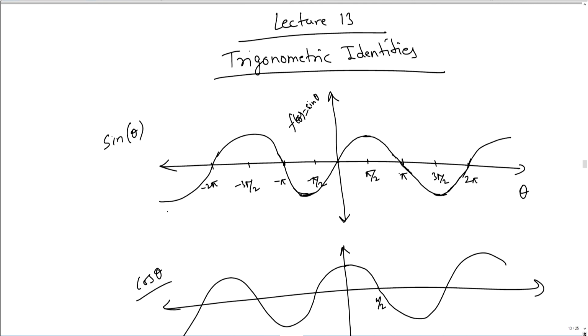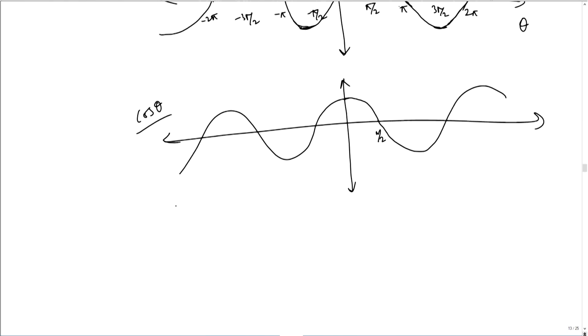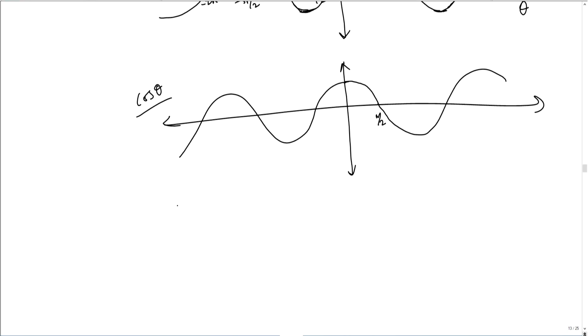Okay. Now, there are other trigonometric functions apart from sine theta and cosine theta, which I will discuss briefly, and after that we will take a look at trigonometric identities. Another important trigonometric function is tan theta. Tan theta is sine theta divided by cos theta.